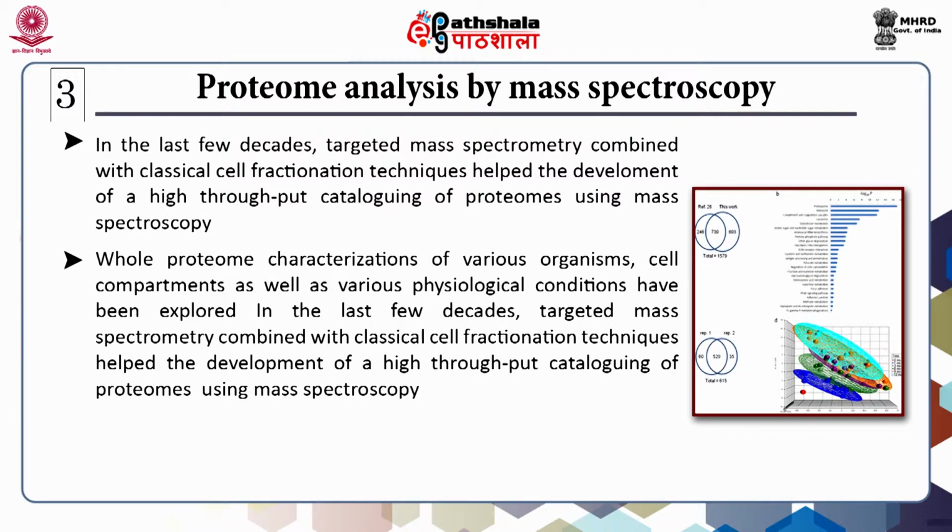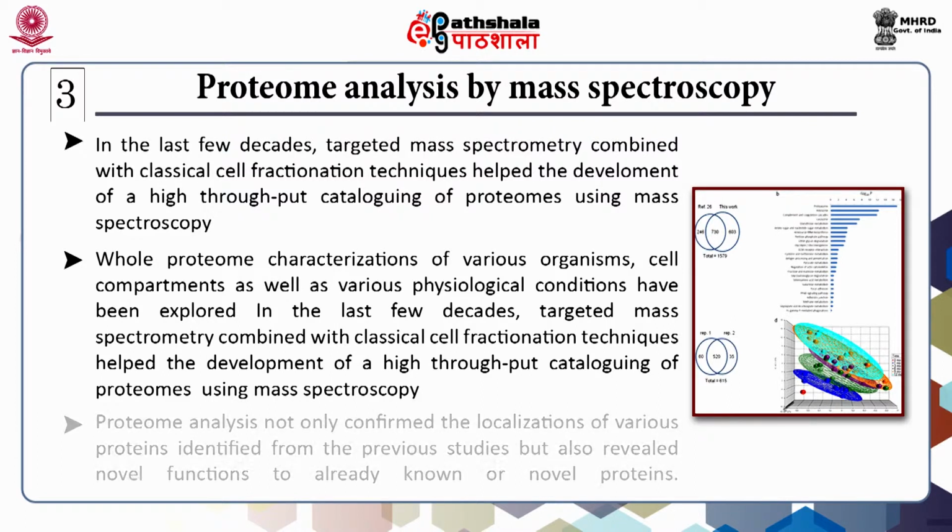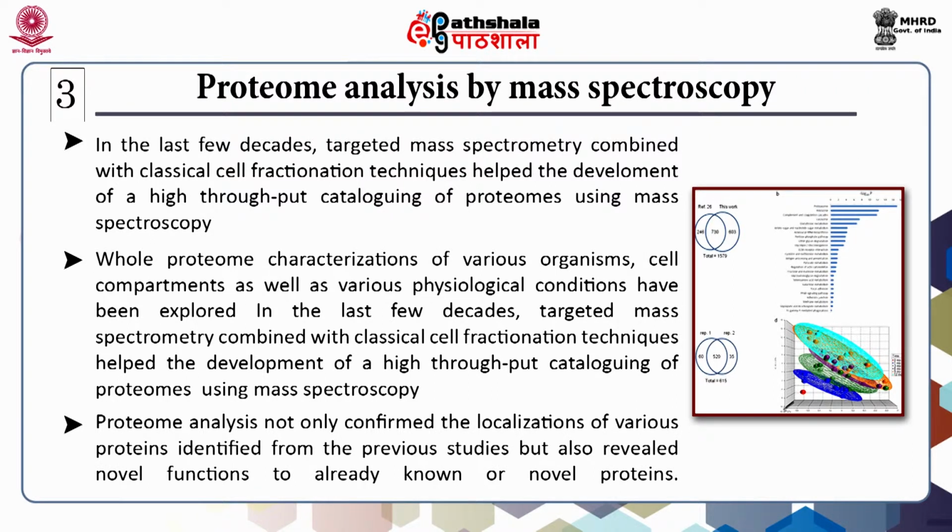As in this figure, this method catalogs the proteins based on the available database and predicts their location as well as function. Such whole proteome characterization has not only confirmed the localization of various proteins identified by previous studies, but is also capable of revealing novel functions for already known or novel proteins.